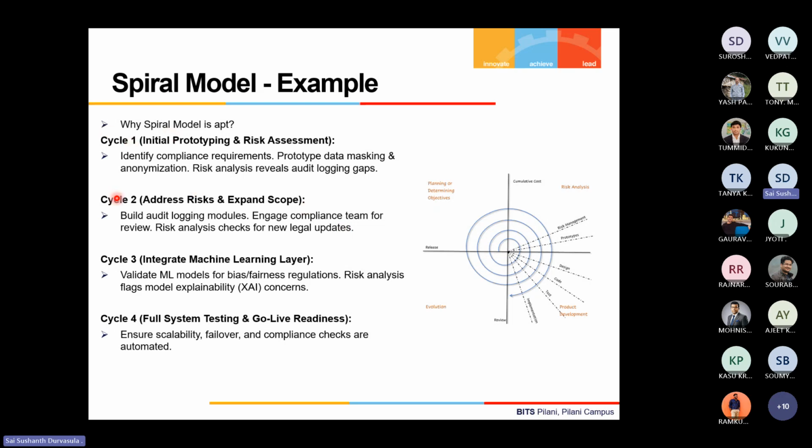Okay, so continuing on that same example, maybe in cycle one, we can do initial prototyping and risk assessment, like identify what techniques we would use to anonymize the data or do data masking. And then second, we may address those and expand the scope for making more components compliant. In the third phase, we may integrate the machine learning layer.